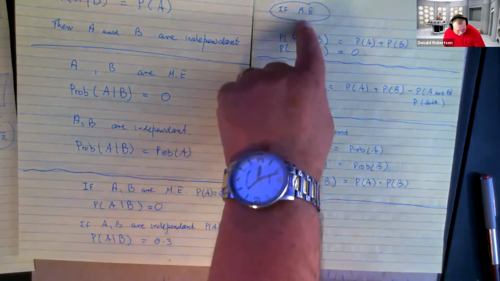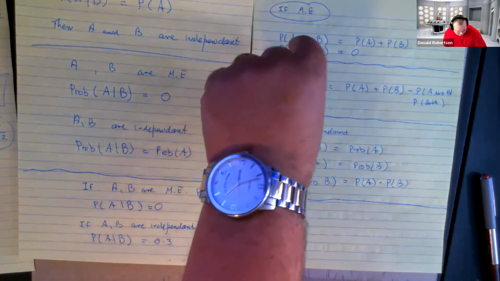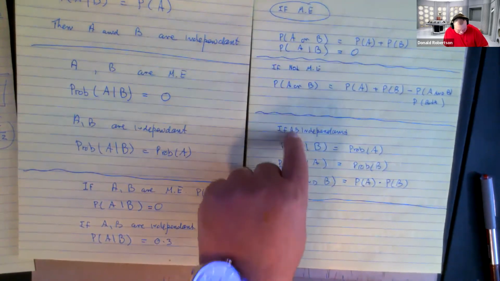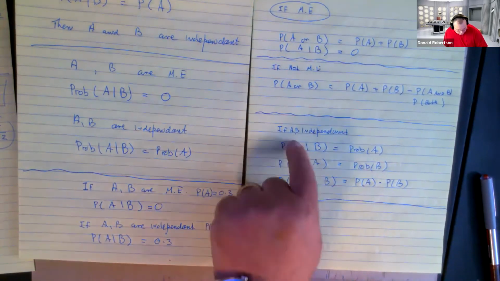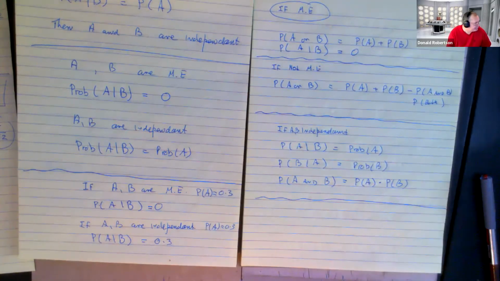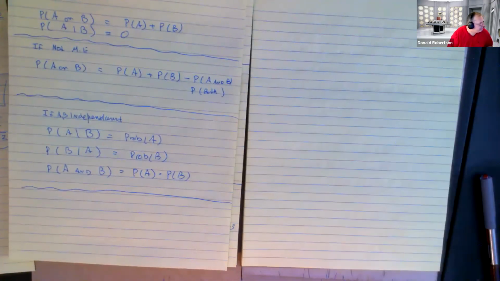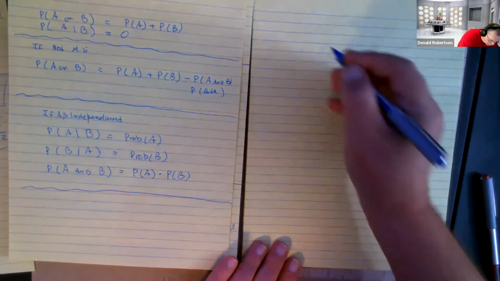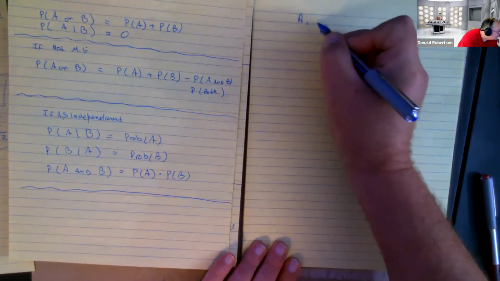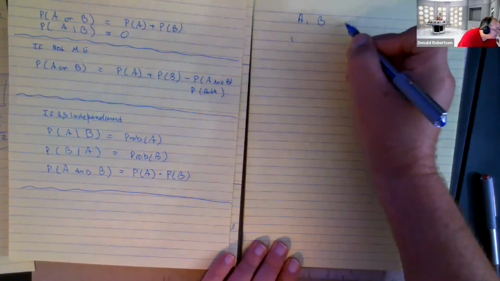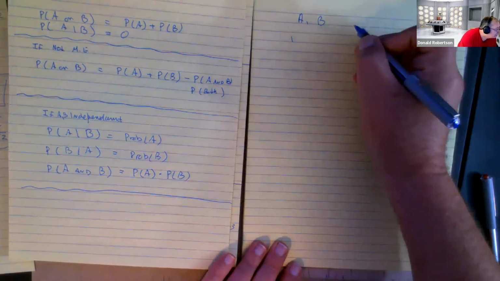So when they're mutually exclusive, you typically deal with ors or conditionals. And when they're independent, you typically deal with ands or conditionals. So there is a homework question. I'm just going to write down. Suppose I tell you that A and B are mutually exclusive.